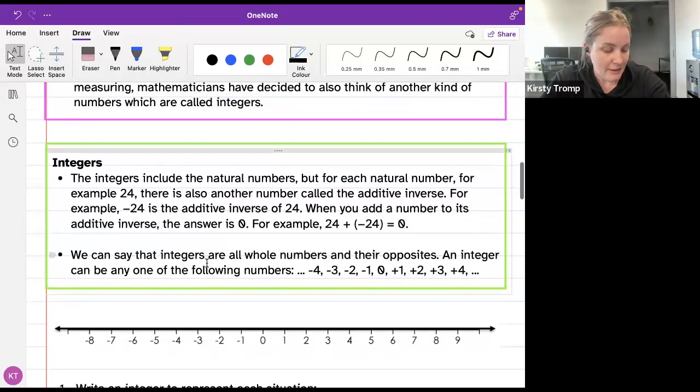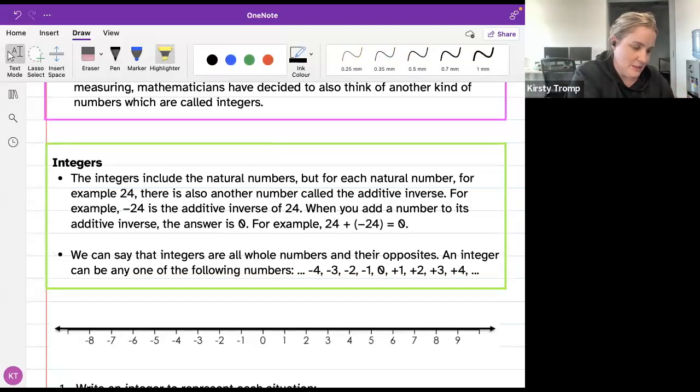When we're looking at our integers, it's always good for us to look at what we call a number line. On my number line, let's get our pen out here. We're going to have a look at the highlighting colors today, and we're hoping that our highlighter is going to work nicely for us.